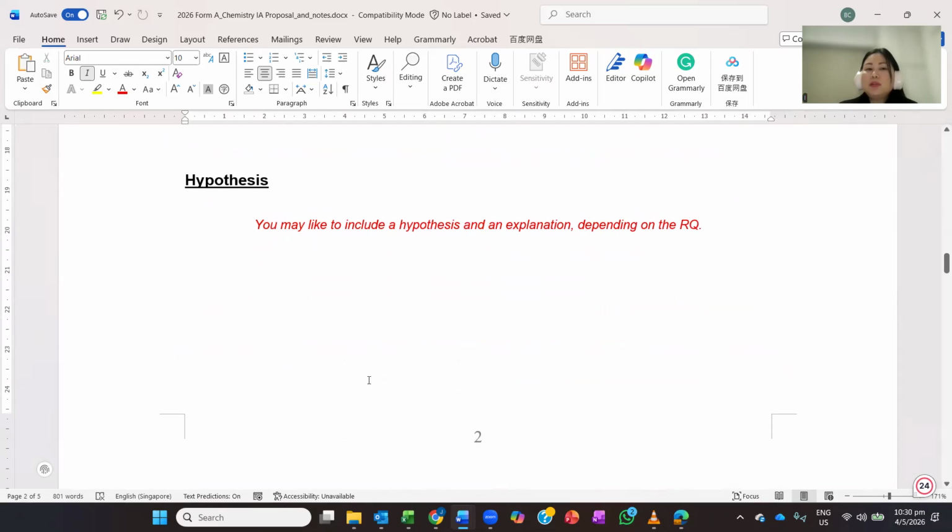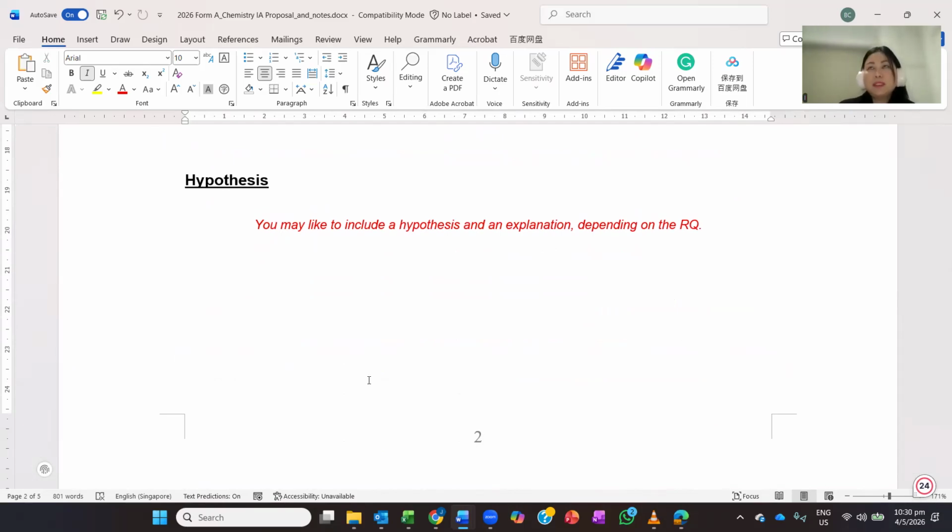Then sometimes you may want to come up with a hypothesis. For example, if you're investigating how pH affects something, then you state your hypothesis with reasons. If you cannot give me a reason, then don't include a hypothesis.